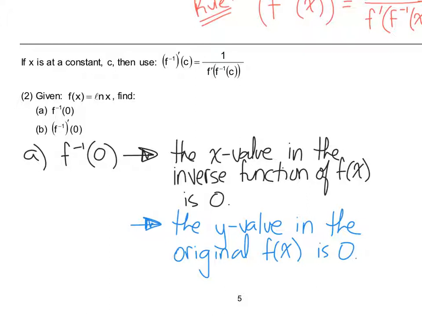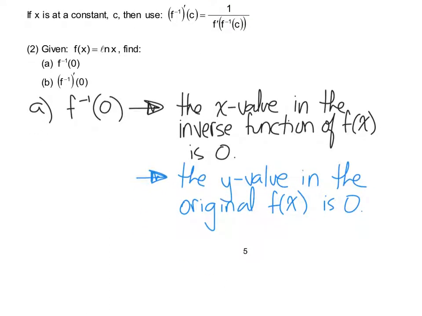Because what is x in inverse world is y in the real world, and vice versa. So x in the real world is y in the inverse world, and y in the real world is x in the inverse world. Domain becomes range, range becomes domain. Vertical asymptotes become horizontal asymptotes. The vertical line test becomes the horizontal line test. Roles get reversed.